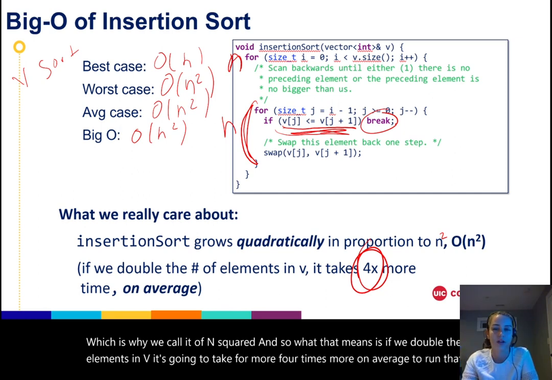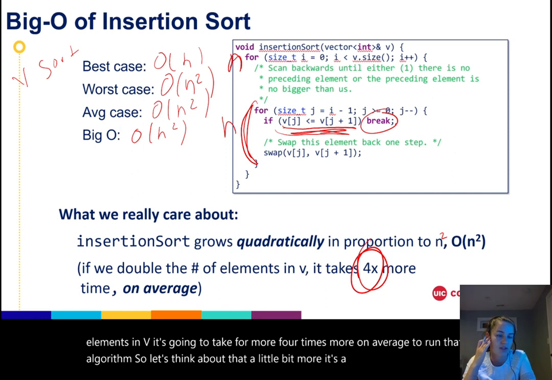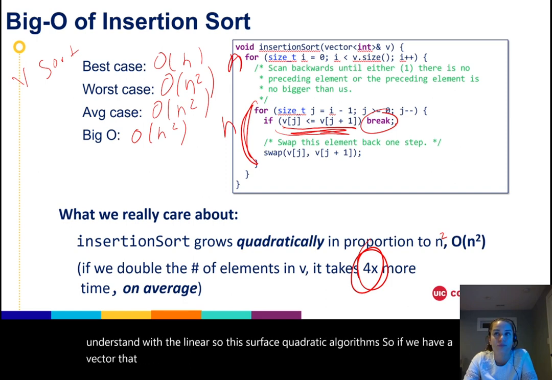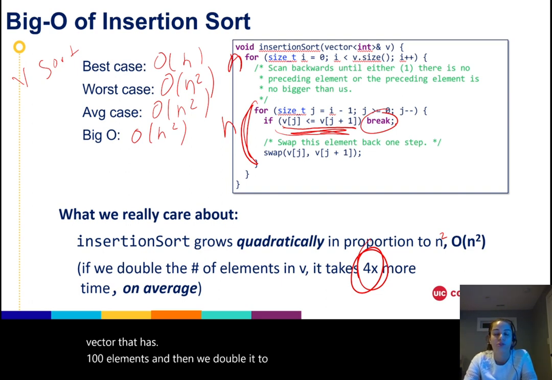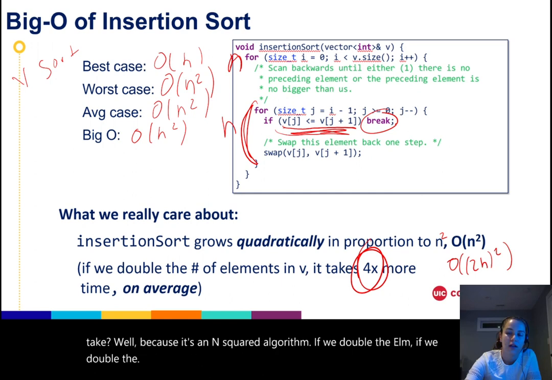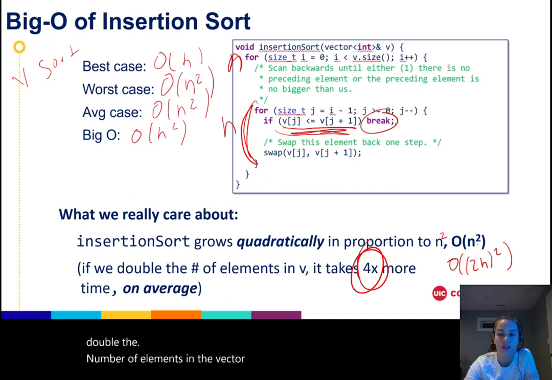So let's think about that a little bit more. It's a little easier to understand with the linear, so this is our first quadratic algorithm. If we have a vector that has 100 elements, and then we double it to 200 elements, how much longer does it take? Well, because it's an n squared algorithm, if we double the number of elements in the vector, then we get 2n squared instead of n squared.